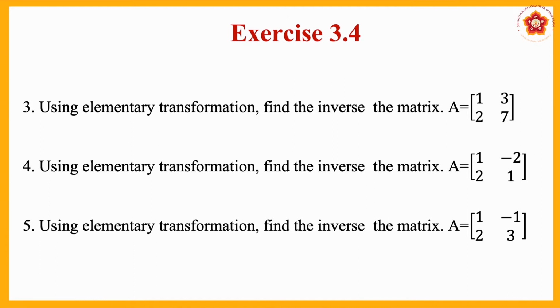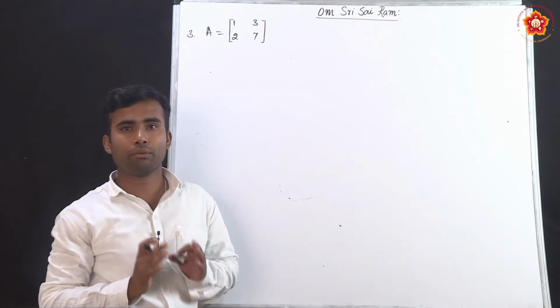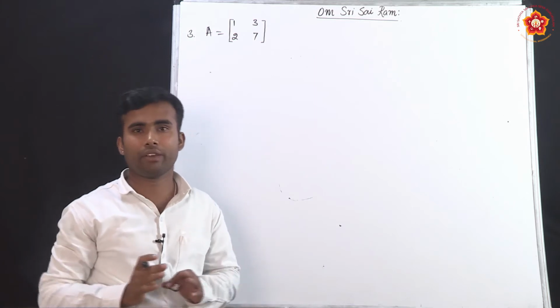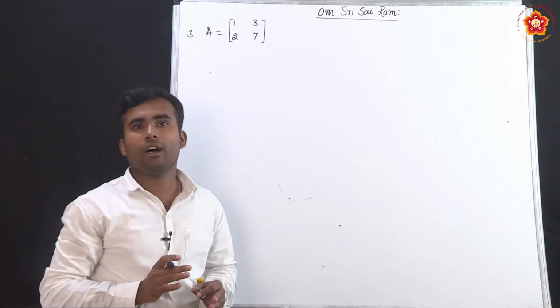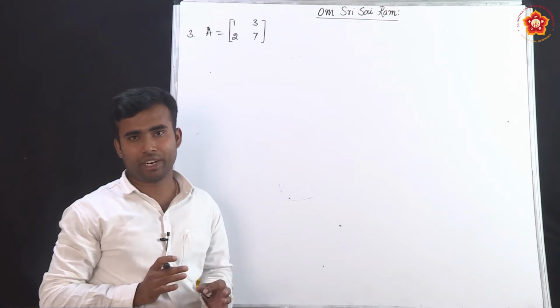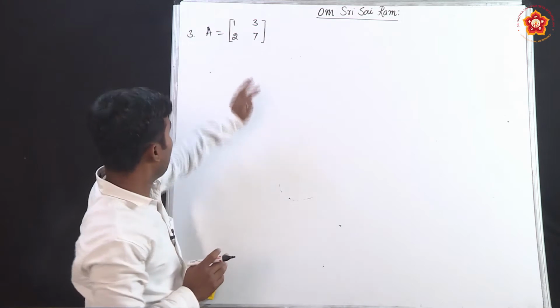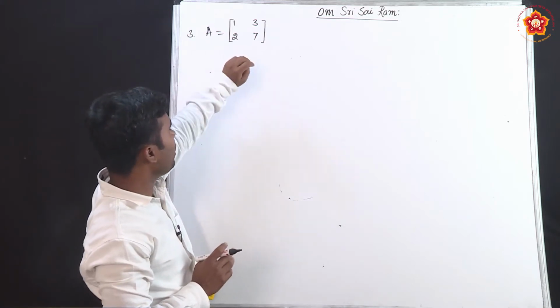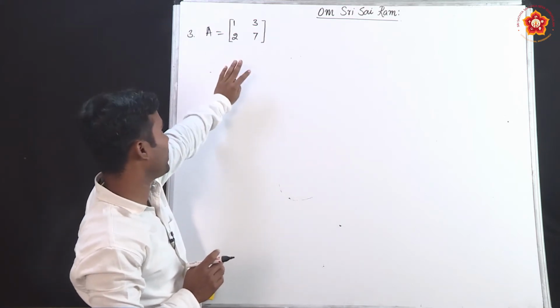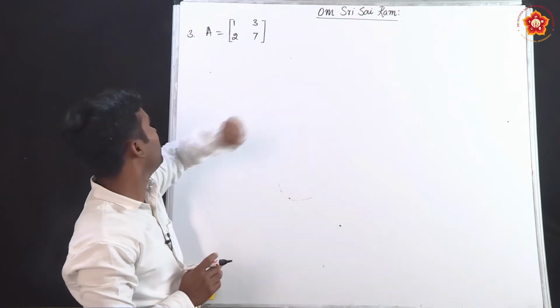See, in examination they are going to give only 2 by 2 matrix for a 3 mark question. They will not give a 3 by 3 matrix in the examination. They will give only 2 by 2 matrix. So, here I am going to use elementary row operations to find inverse of a matrix.